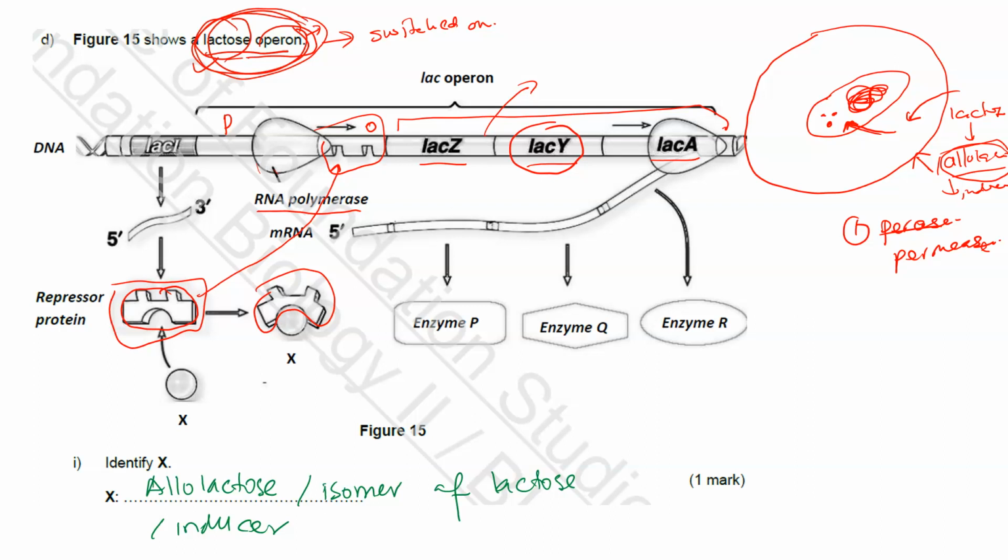But when there is lactose in the cell, this inducer molecule, allolactose, binds to the repressor protein and causes it to change shape, so it cannot bind to the operator.